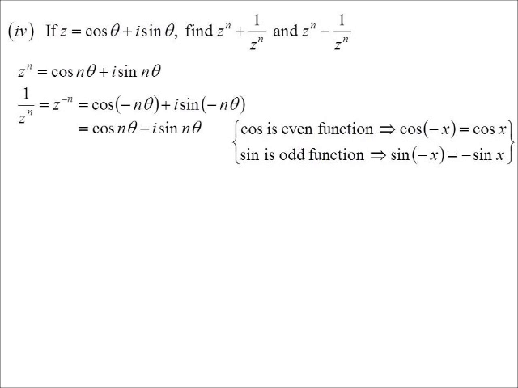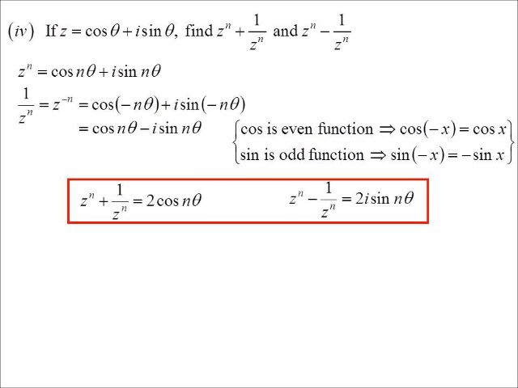So that was using our properties of odd and even functions. Now, if I add them together, the imaginary parts are going to cancel because they're basically conjugates of each other, and so I'll get 2 cos n theta. And the subtraction one, it's now the real parts that will cancel, and I'm left with 2i sine n theta.